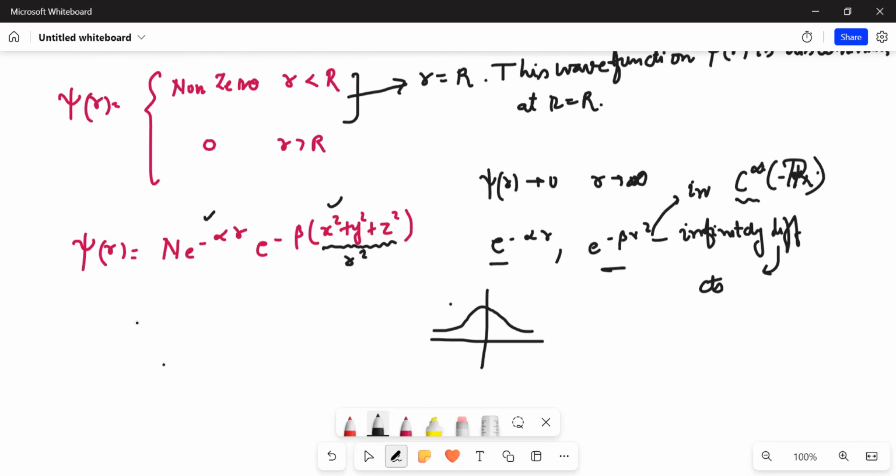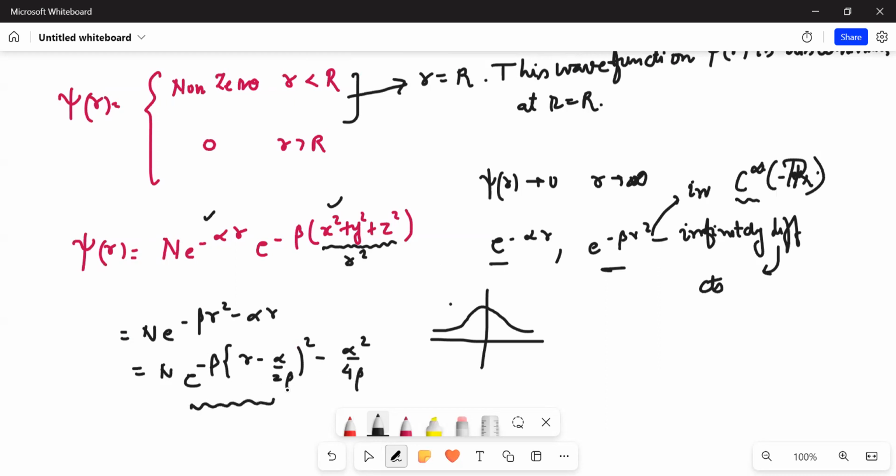Basically, one can see that this particular thing can be written as N e to the power minus of (beta r square minus alpha r). So we can arrange it in terms of, let's say, I take beta common here, so I'll get r square minus alpha r, and I can write (r minus alpha upon 2 beta) whole square. Then I can subtract and add some terms like alpha square upon 4 beta.